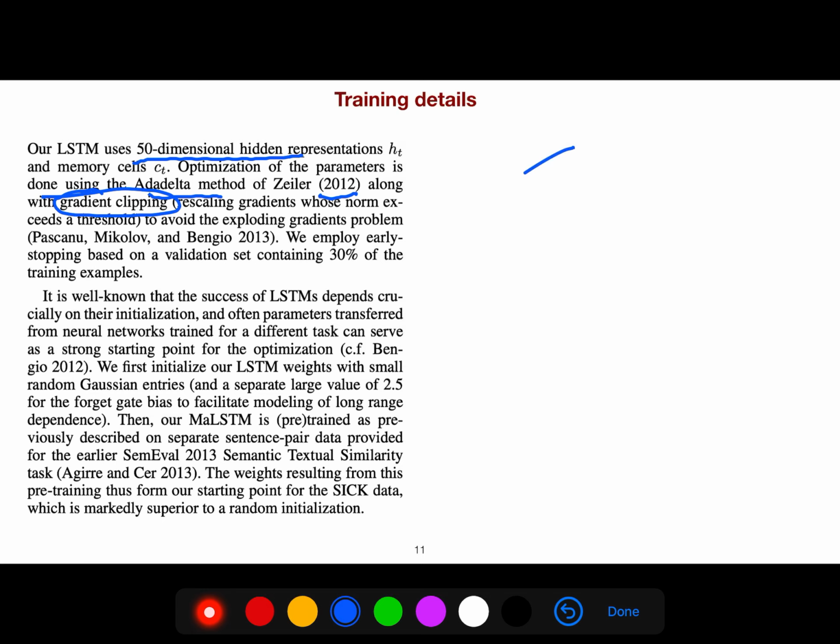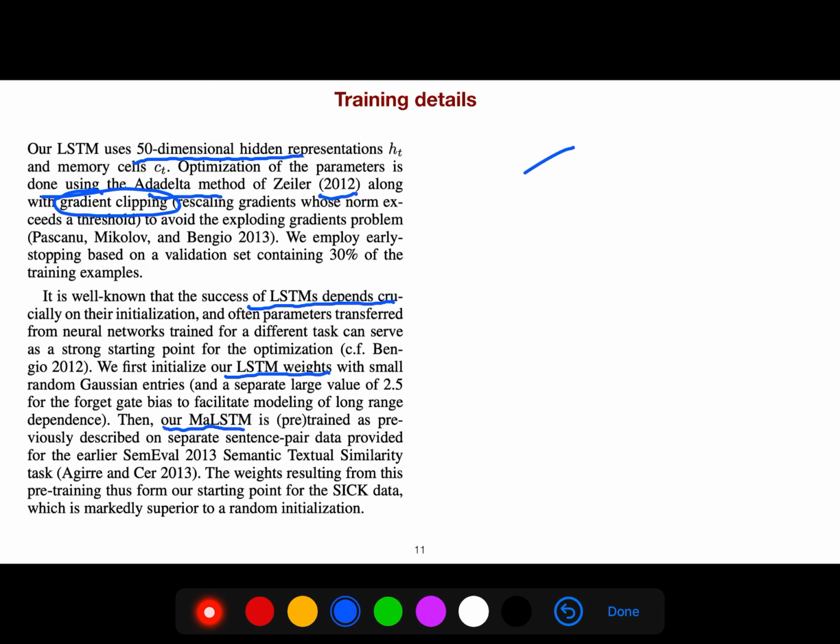It is well known that the success of LSTMs depends crucially on their initialization, and often parameters transferred from neural networks trained for a different task can serve as a strong starting point for optimization. We first initialize our LSTM weights with small random Gaussian entries.